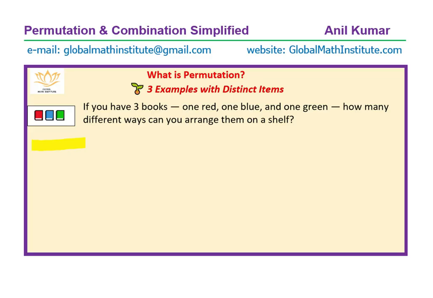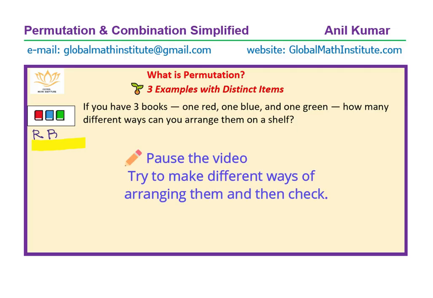Red, blue, and green. Well, one way to do it is let's start putting them and see what the combinations are. So let me write down R for red, right? And B for blue and G for green. So that could be one way of doing it as shown here. The next could be we keep the red as such but shuffle blue and green, so that gives us another combination.